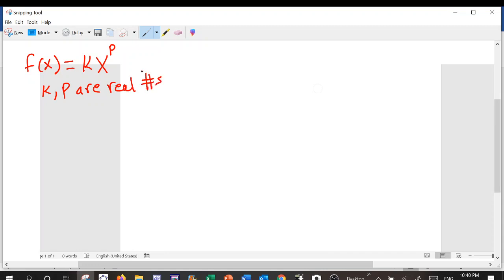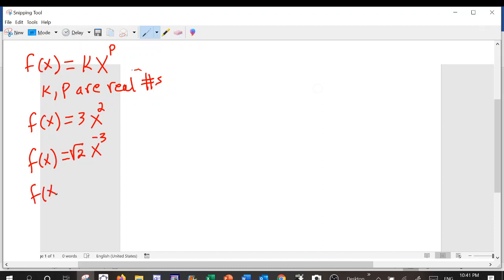Now, what does that mean? Well, let's look at some examples. Let's say p is an integer. If p is an integer, and k is, let's say, 3, then we get something like this, right? If k is always a real number, let's say square root of 2, and then the power is a negative number, that would be a negative integer.